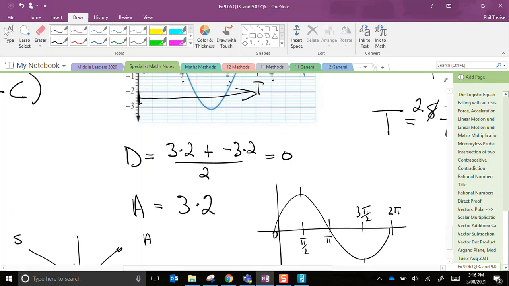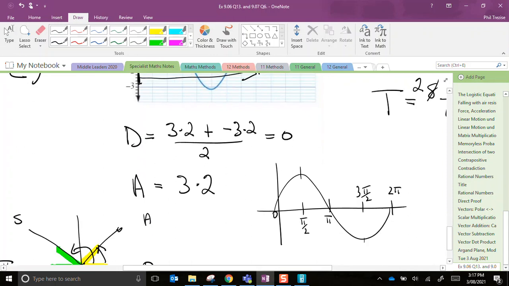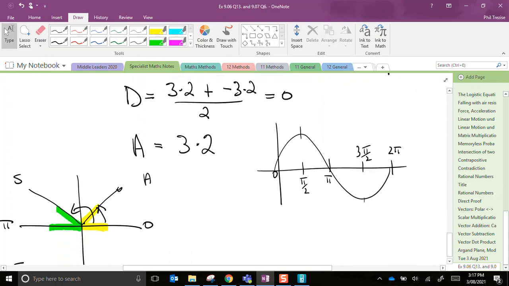Which part of our graph, so the starting point on our graph here, looks to be a little bit left of a crest? Let's find a point on the standard sine graph a little bit to the left of a crest. There it is. Now, does that look like it's going to be first, second, third, or fourth quadrant?